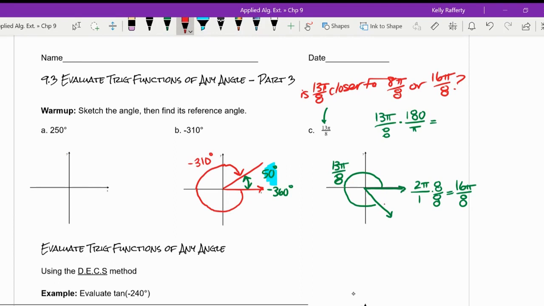Similar idea over here, 13 pi over 8. Well, how much more do we need to get to 16 pi over 8? We need 3 more in the numerator, so that's 3 pi over 8 more. So that would be our reference angle for that second one. So you guys can try out that first one. Remember, trying to figure out how much of the angle is left between your angle and the x-axis.